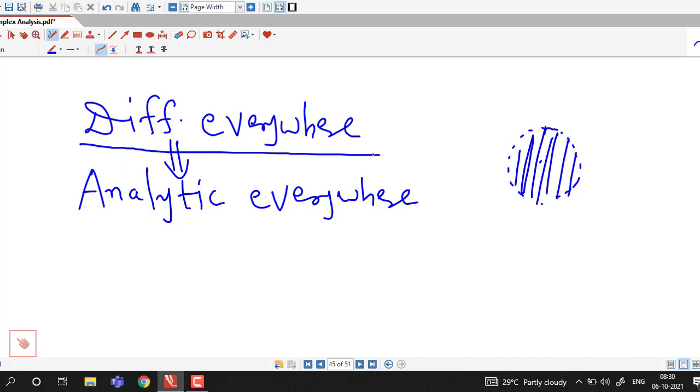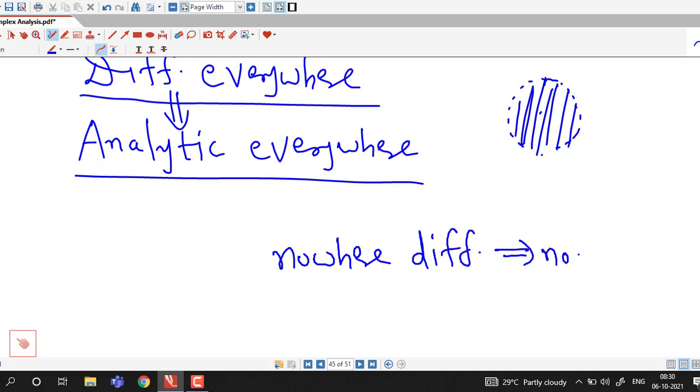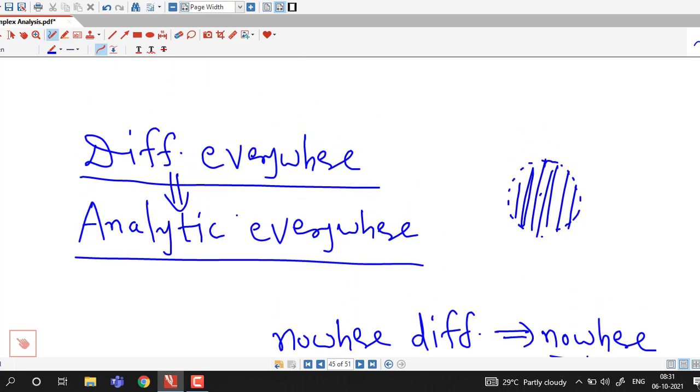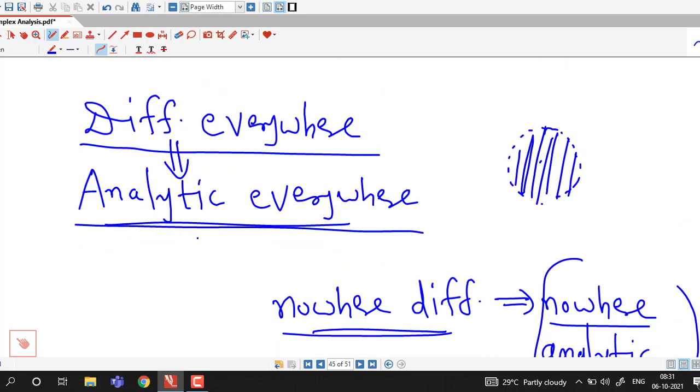And similarly, if a function is nowhere differentiable, then we can write that the function is nowhere analytic. The function which is not differentiable at any point is also not analytic at any point. So everywhere differentiable implies everywhere analytic, nowhere differentiable implies nowhere analytic.